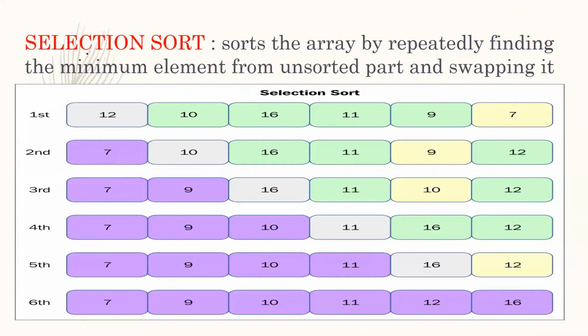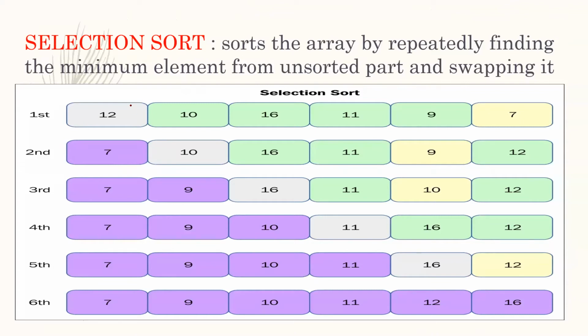So the next one is selection sort. It sorts the array repeatedly by swapping. It swaps the minimum element into its correct position in the sorted part.